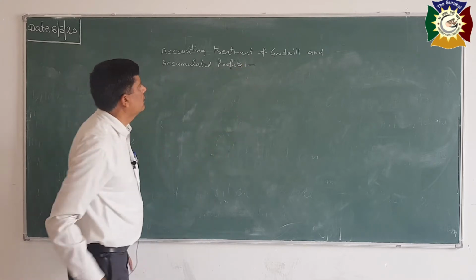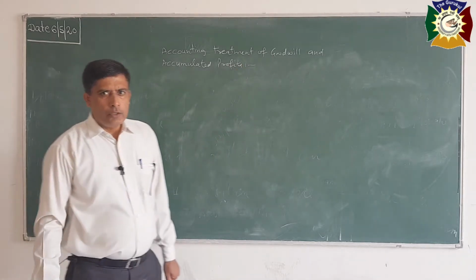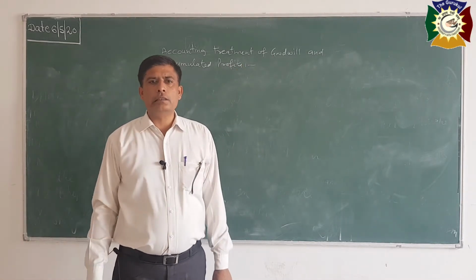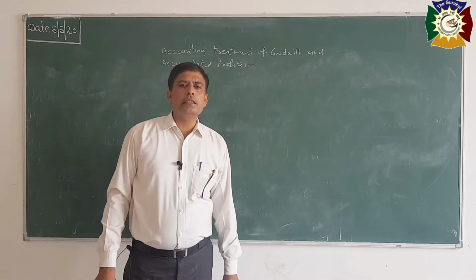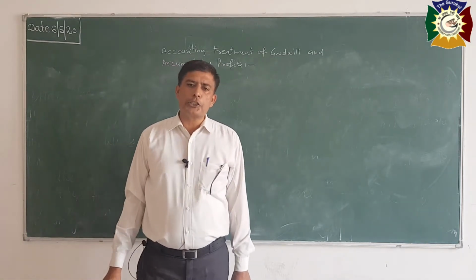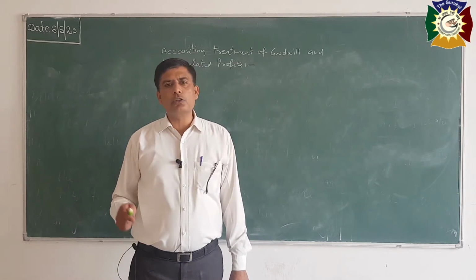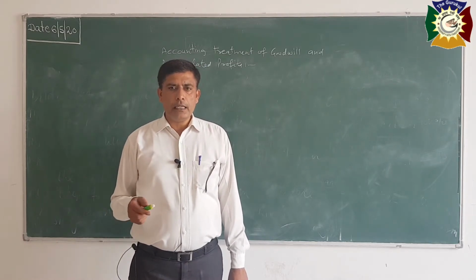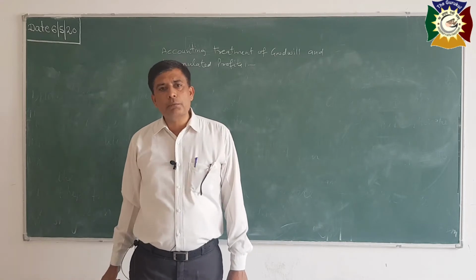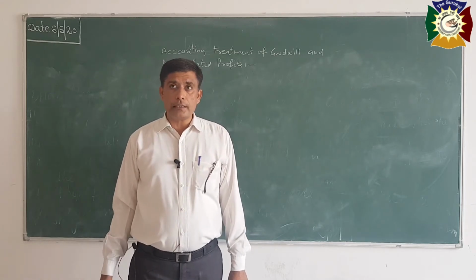So first is goodwill. We have calculated goodwill. When there is a change in profit sharing ratio, first of all we will calculate the total goodwill of the firm and it will be recorded in the books. We will pass a journal entry.